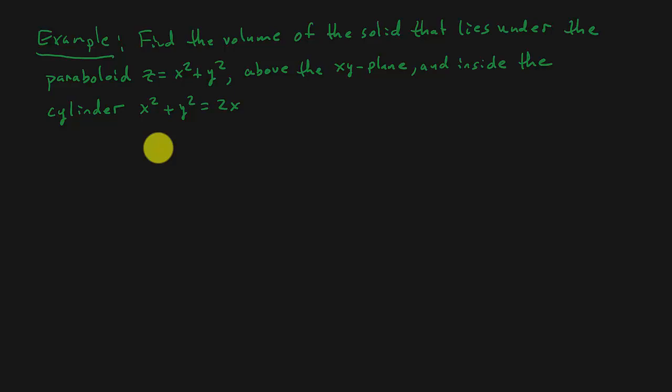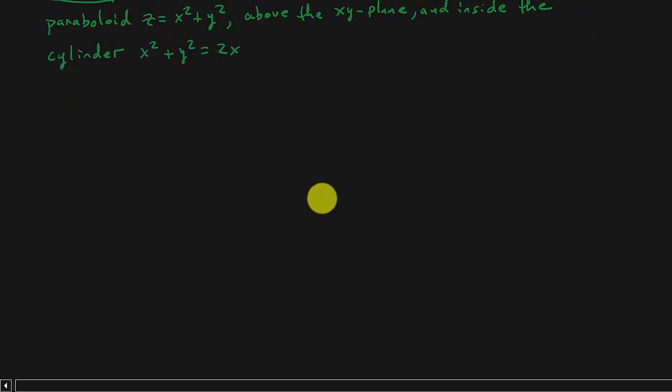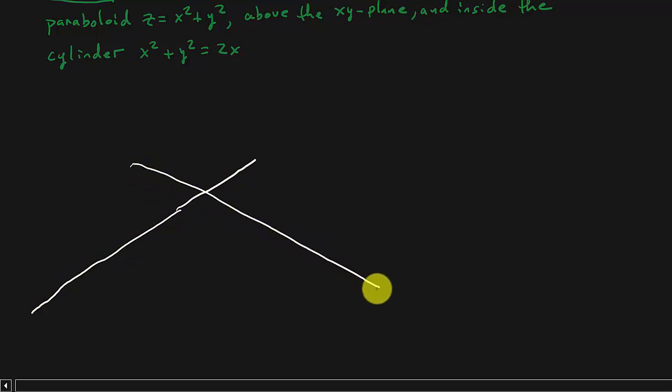All right, so let's see if we can make a sketch of this. I can tell you right now it's not going to look good, but we'll see. All right, so there's x, there's y, and I have a paraboloid.